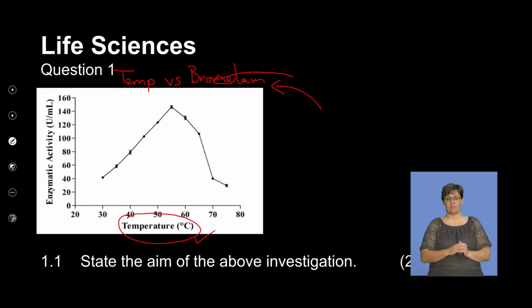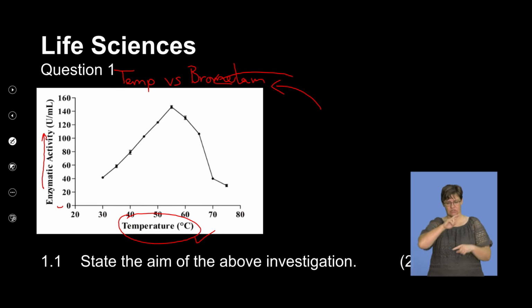And again, it's a measure of enzyme activity on the y-axis, and this time it's given in units per ml, on a scale from 0 all the way to 160 units per ml.